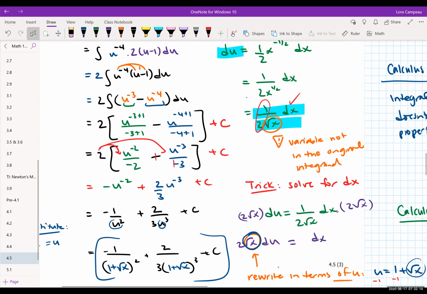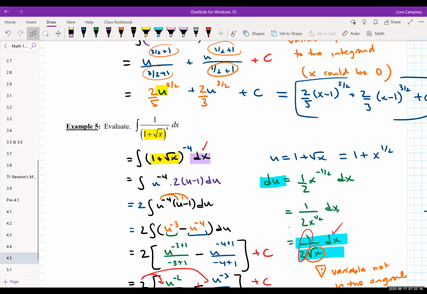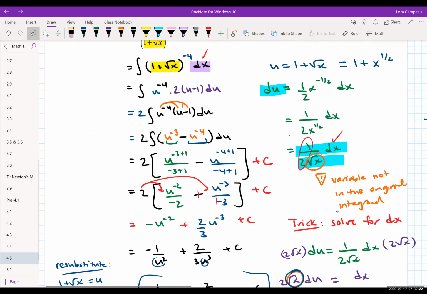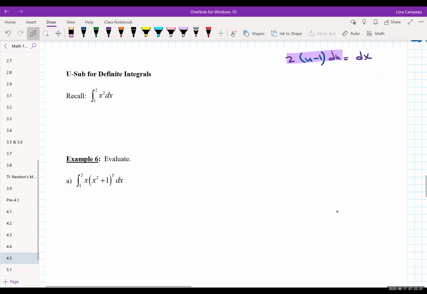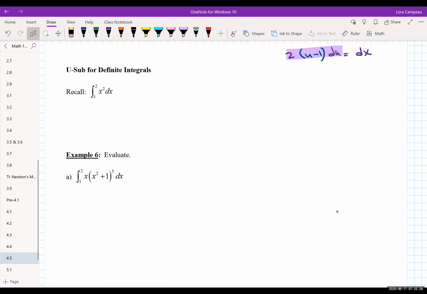So exciting. Now that you have some techniques under your belt, I want to point out that you will end up having to integrate definite integrals that are more complicated than the ones we were dealing with in the last section. What ends up happening is you end up being able to use the USub and you incorporate this in the limits of integration.